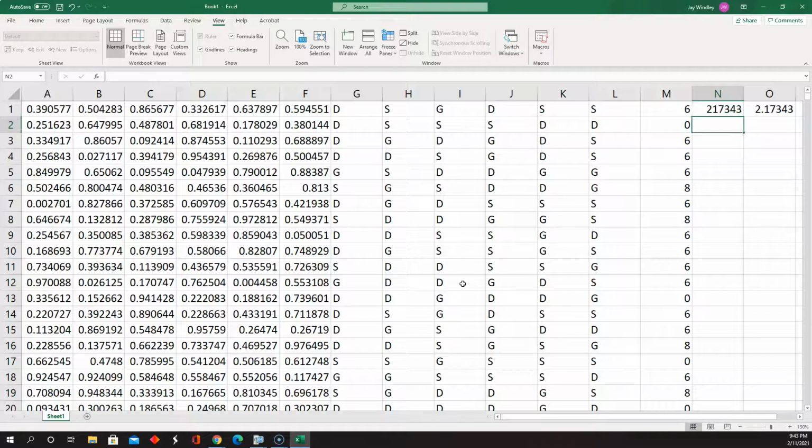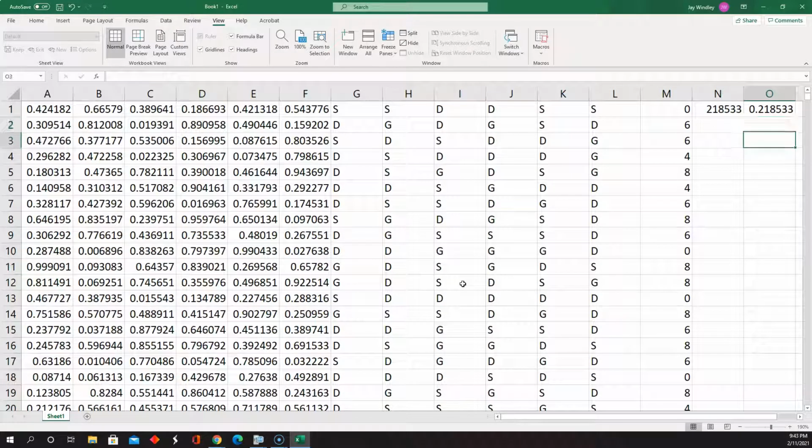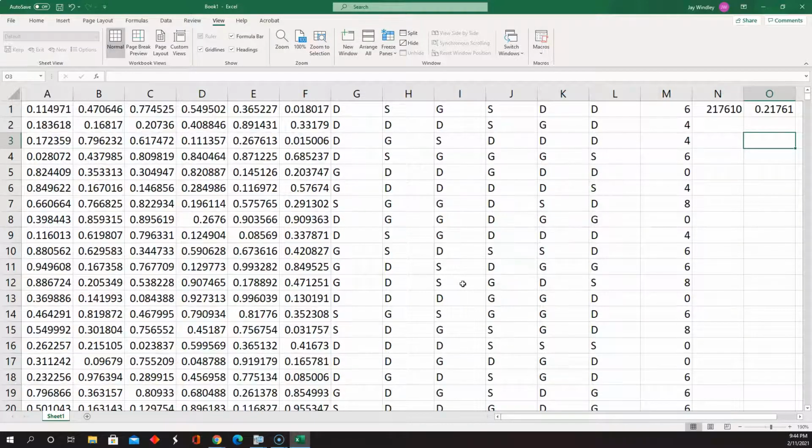As soon as you type, there we go, and then over here, divide by 1,000,000. Every time I type something in a cell, the whole randomization regenerates. So as you can see, we're getting estimated probabilities via simulation that are pretty consistently in the ballpark of 0.218.